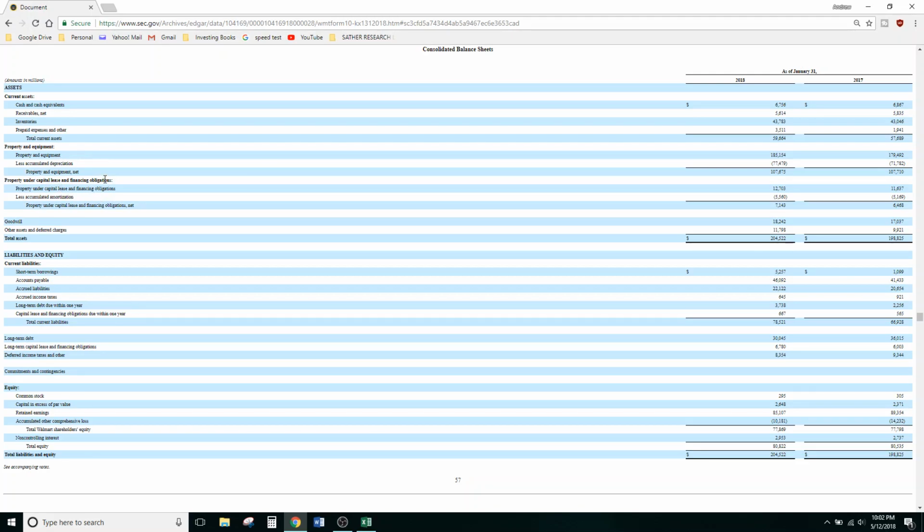So you got to make sure that's all in there. You have stuff to do with properties and leases and finances, so they sort all that out too, but you still want to represent it in the balance sheet and make sure that's put in there. And then this right here is goodwill.